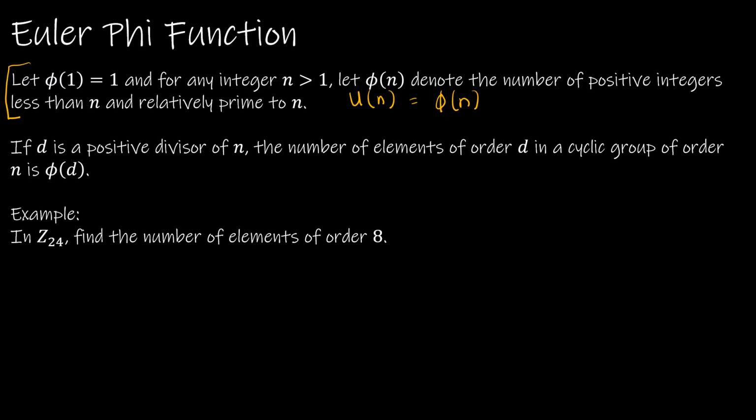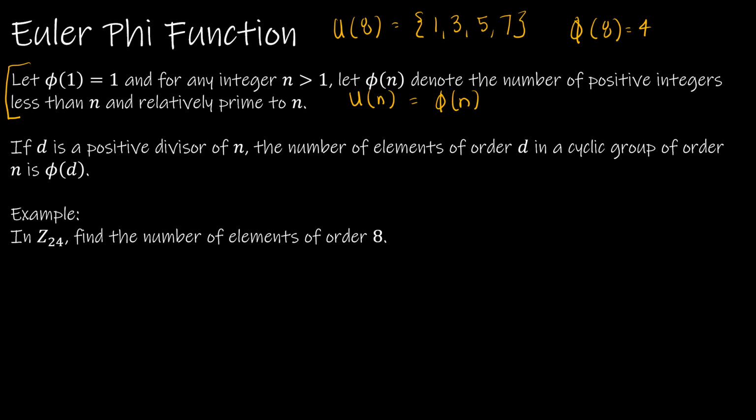So if we think about 8, say U of 8, would include any values that are less than 8 but relatively prime to 8, so they don't share a factor. So 2 would not be, 4 would not be, because they share a factor of 2, but 5 would be, 6 would not be, but 7 would be. So U of 8 is 4, which means phi of 8 is 4.